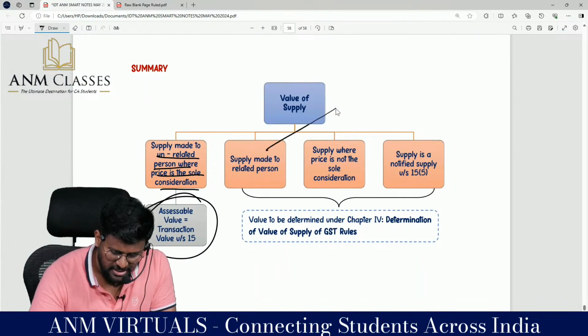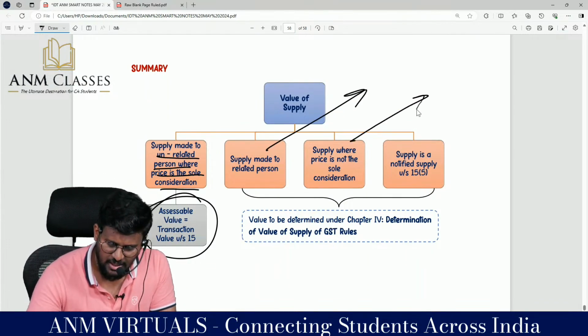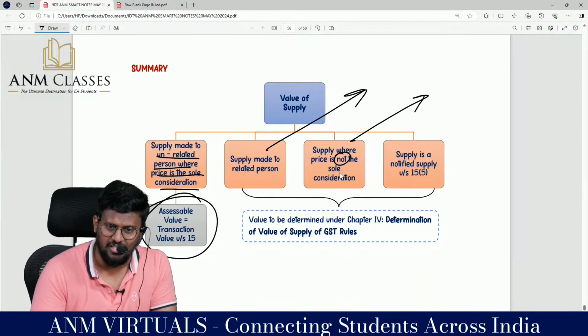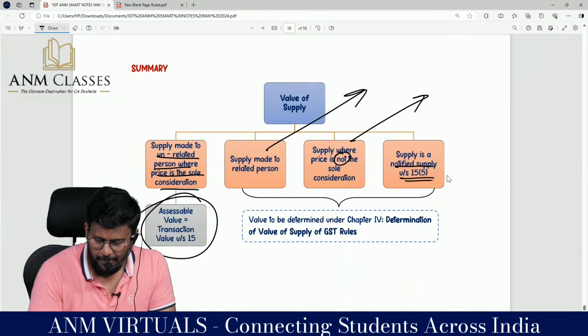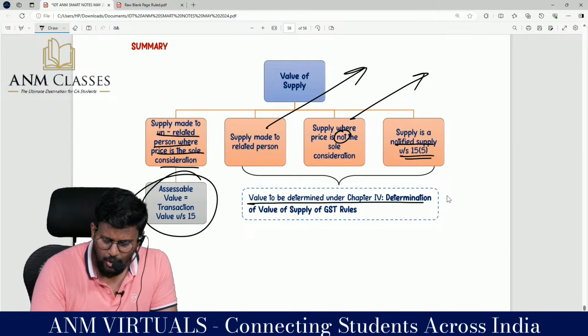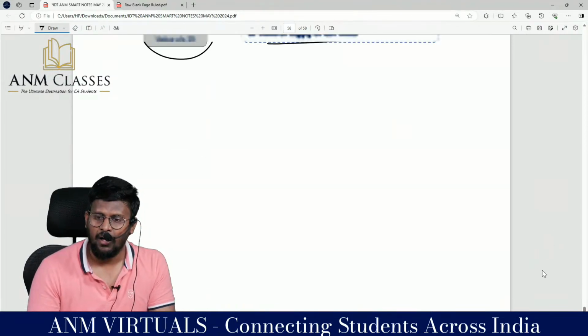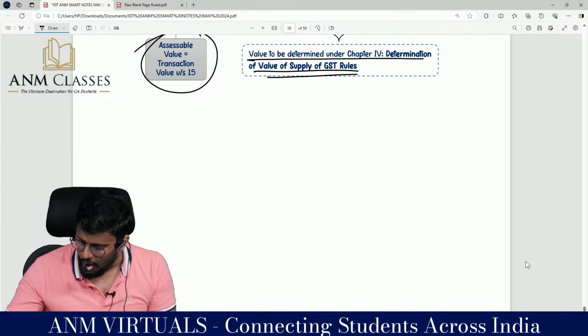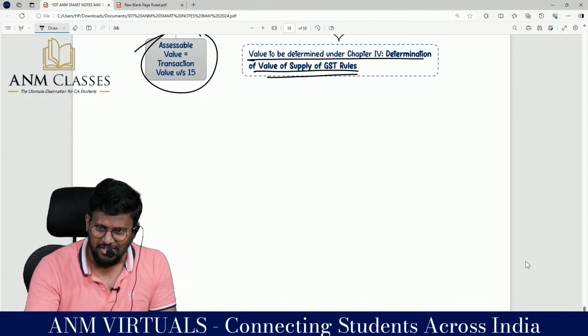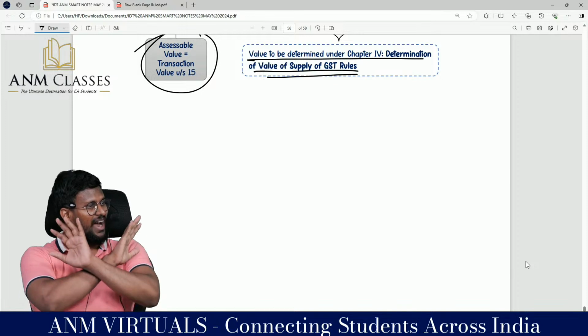Where price is not the sole consideration, or the supply is a notified supply under 15 subsection 5, the value is to be determined as per the determination of value of supply rules, right? Yes sir. With this the overview of value of supply, time of supply and place of supply comes to an end.